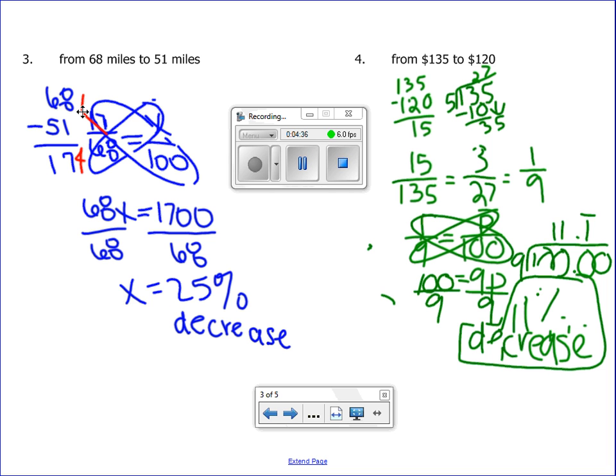Now, another thing you can notice, if you have 1/9, if you recall from previous lessons, in a percentage, that shows that the digit repeats. So in this final answer, it would have been 11 1/10 with bar notation over the 1. But since the instructions asked us to round to the nearest whole number, our final answer for number 4 would be 11% decrease.